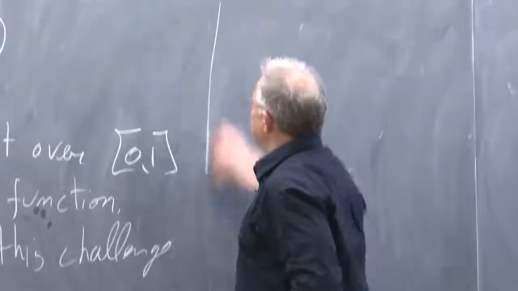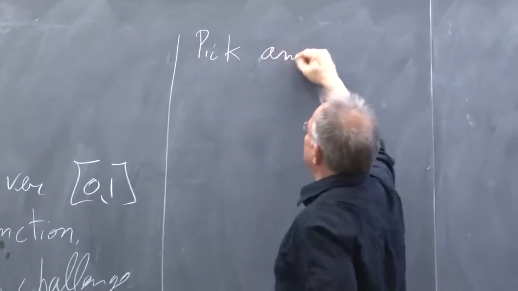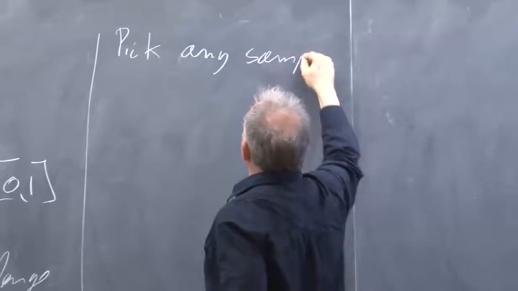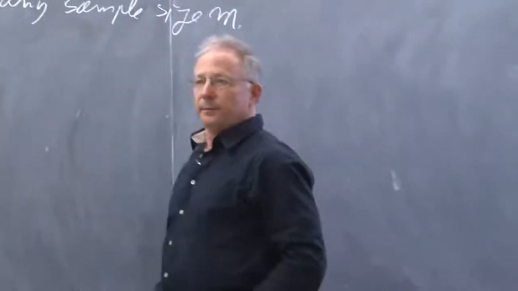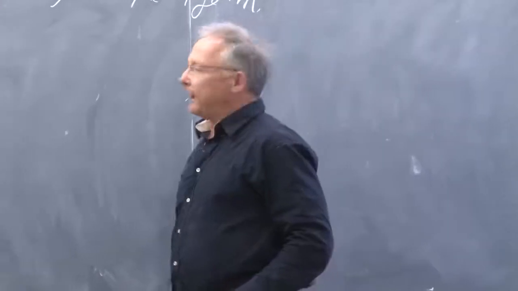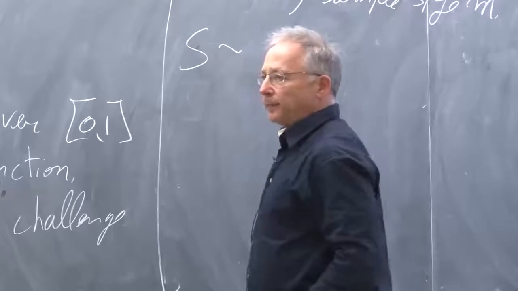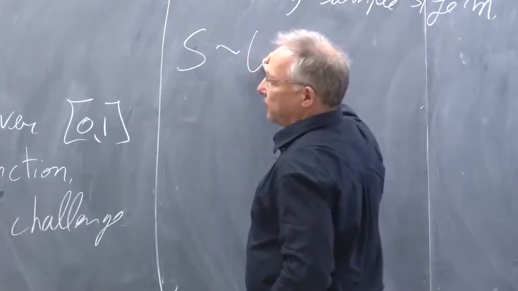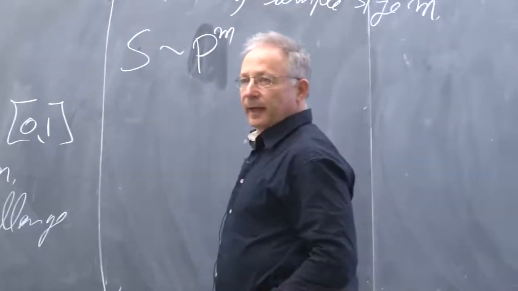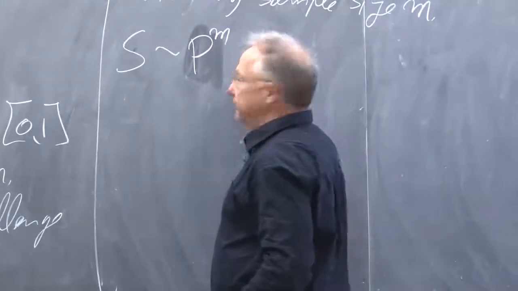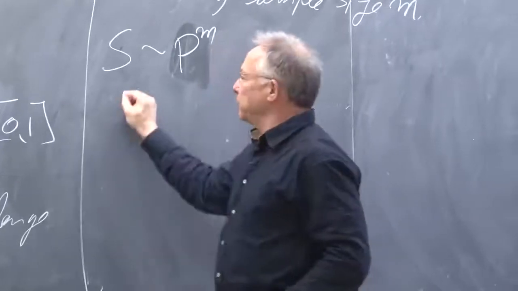So say that I give you some fixed, pick any sample size M. Pick any sample size M. And now we get an S that is picked by my uniform distribution P, M times and labeled by 1.